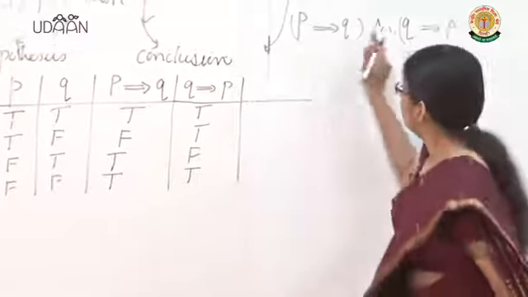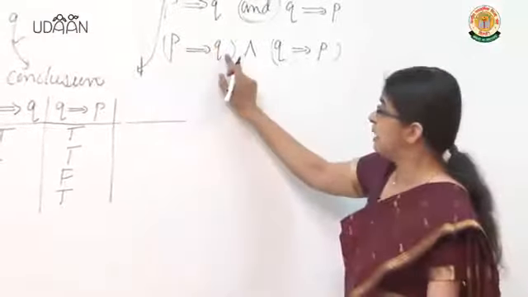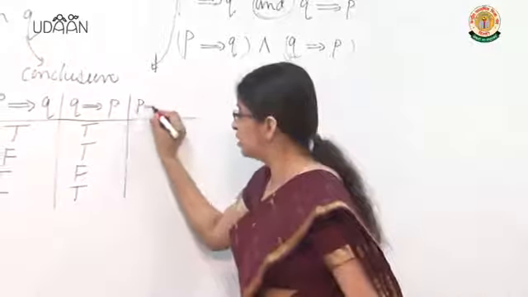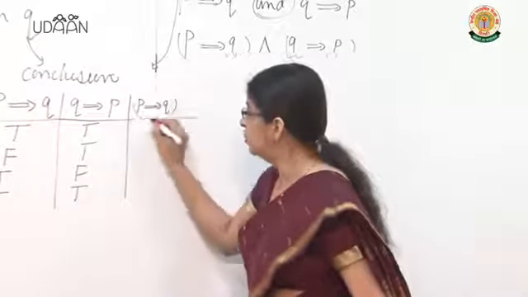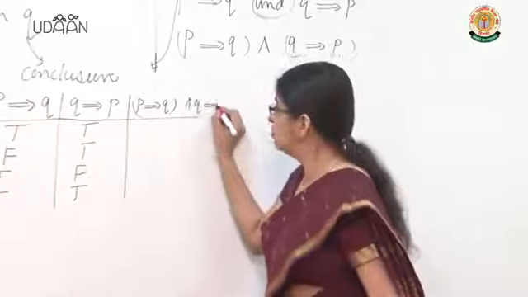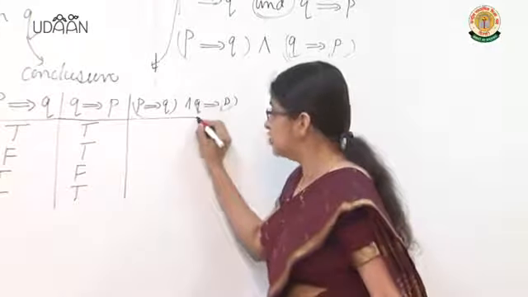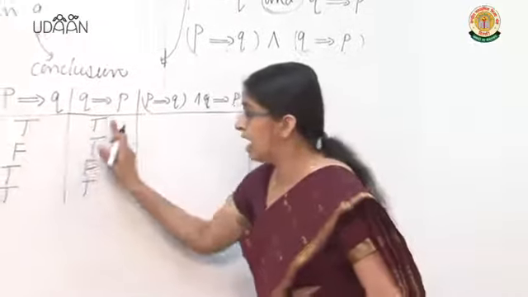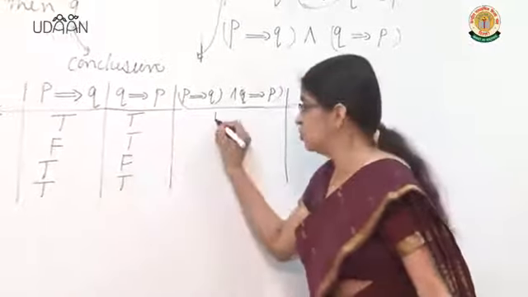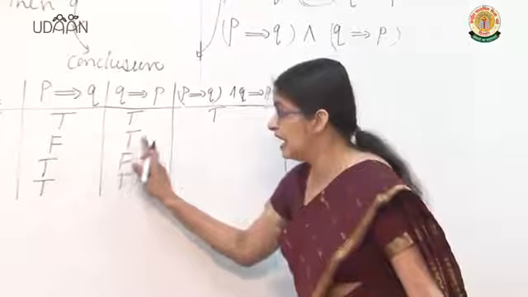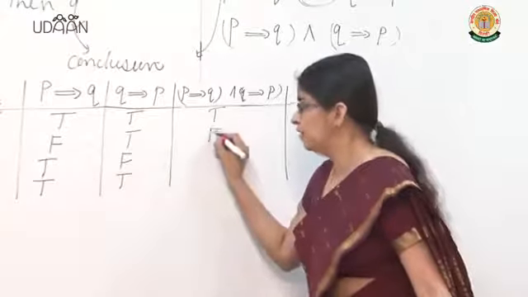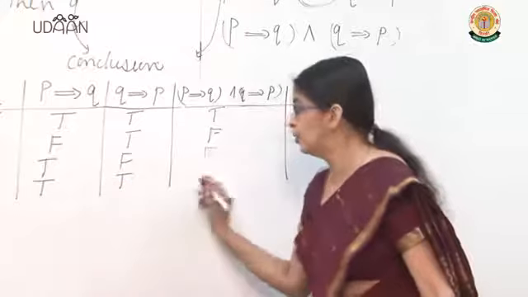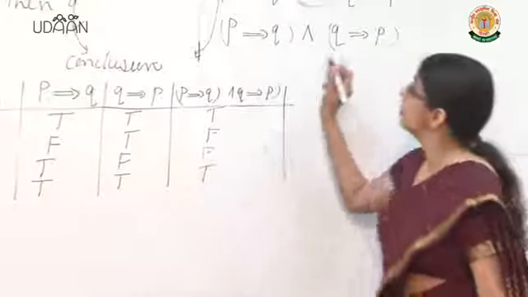Now, we need to calculate P implies Q and Q implies P. Let us make another column, P implies Q and Q implies P, which is the biconditional statement. True and true, which is true; false and true, false; true and false, false; true and true, which is true.